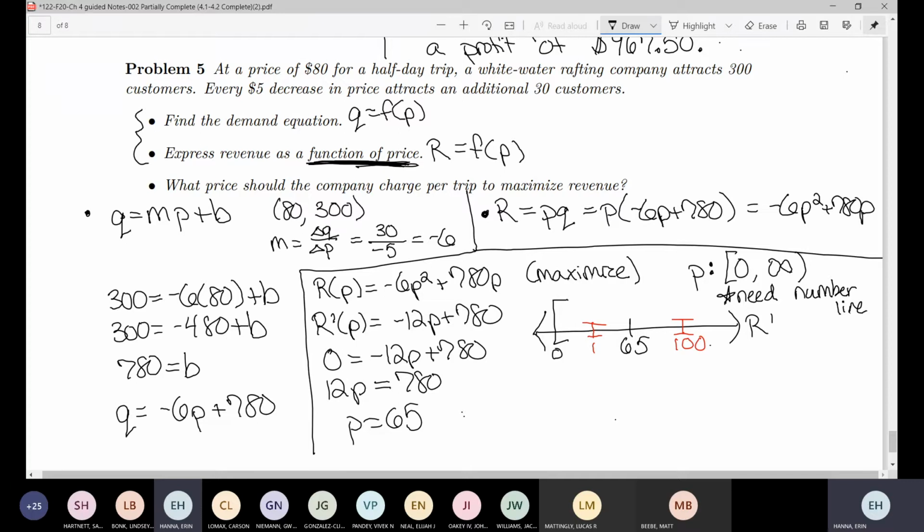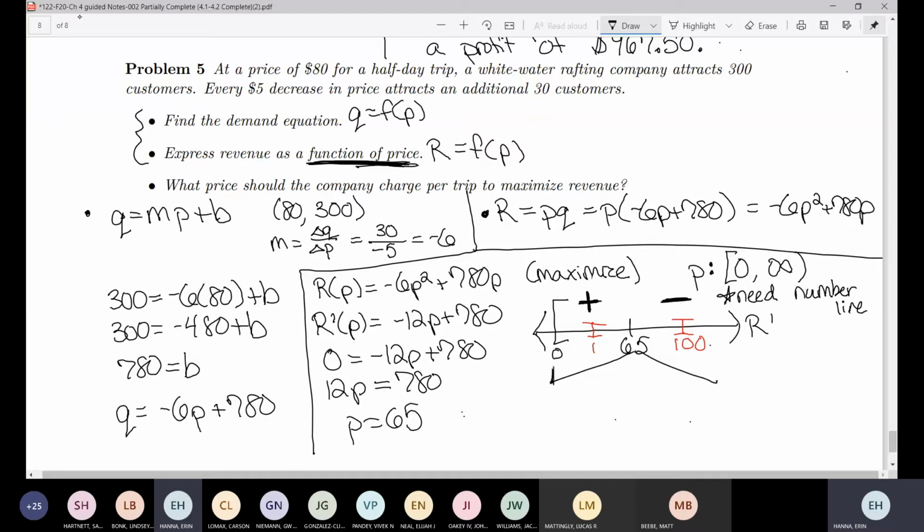We get -12 plus 780, which is going to give us a positive number. I don't know what it is, but it's a positive number. Whatever 780 minus 12 is. 768? Sounds good. And if I plug in 100, we're going to get -1200 plus 780, which is going to be a negative number. So we're increasing, then decreasing.